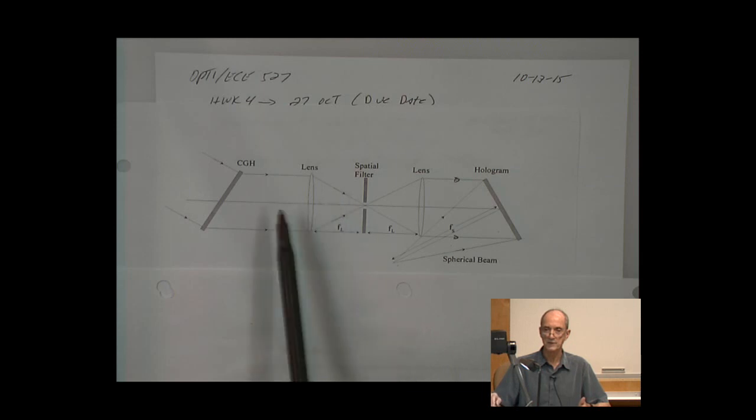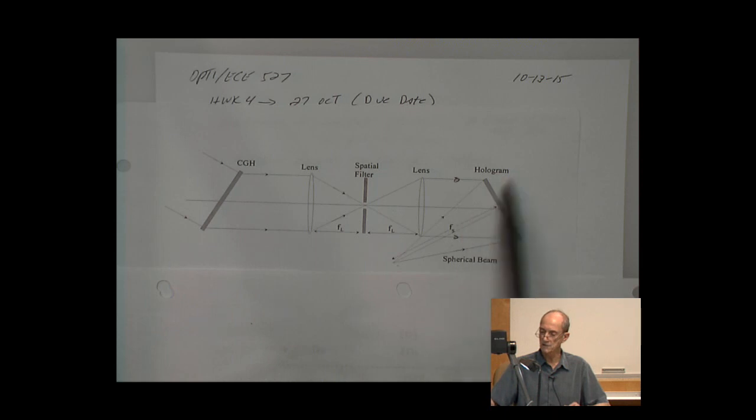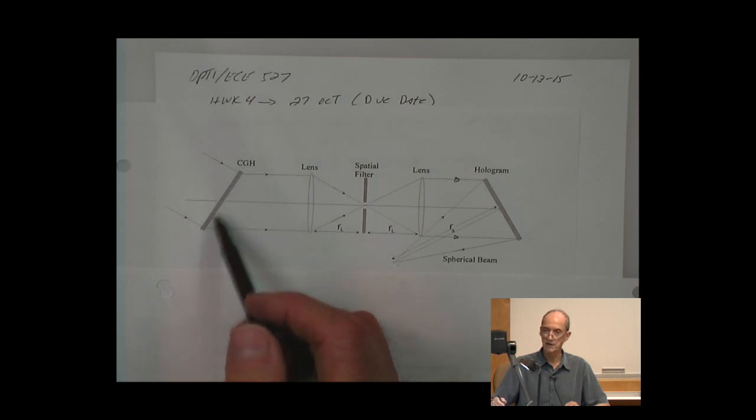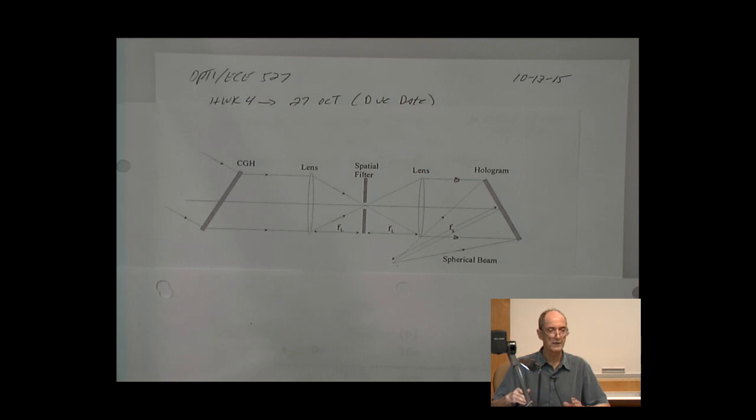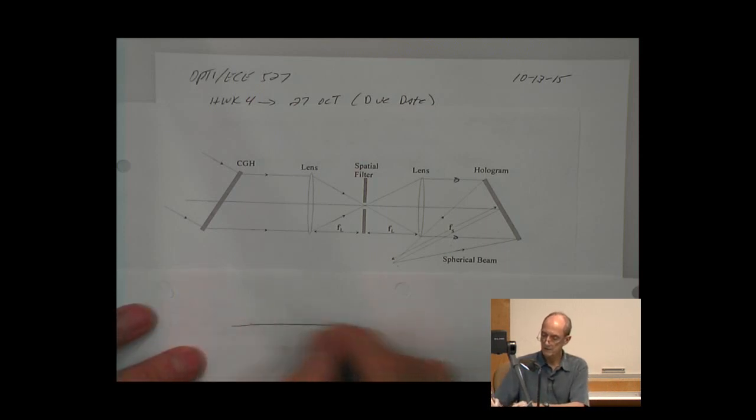If that's what you're actually recording, why not do that and then just have a plane wave coming in for your reconstruction? Well, I believe the reason is that if you just put the quadratic phase front in that computer-generated hologram, you probably end up with a problem of not having enough features defined in that phase function.